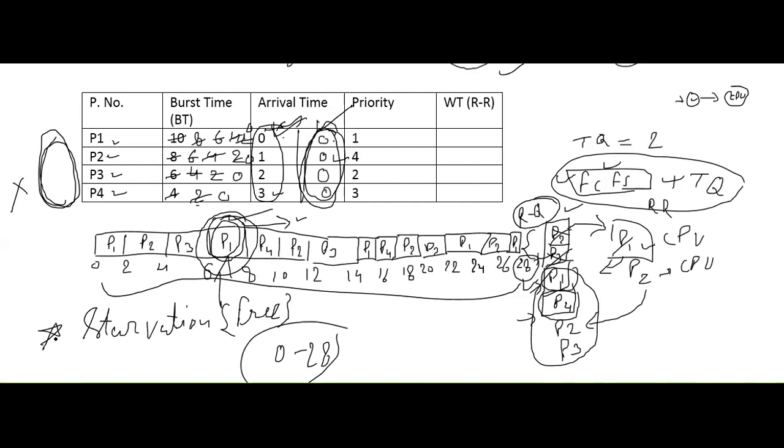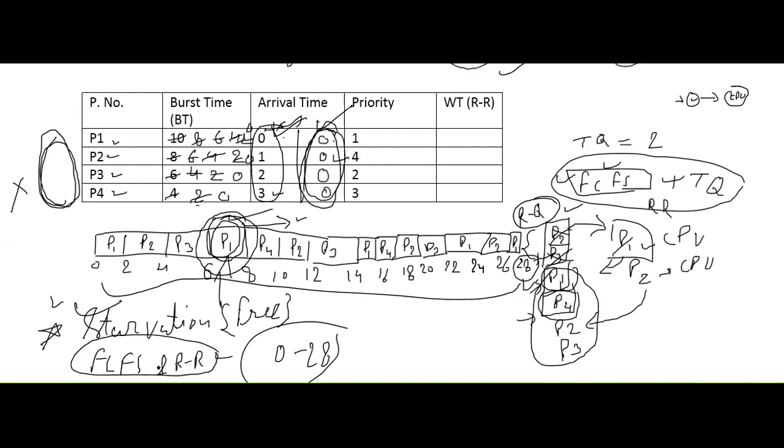All other algorithms which we have done except FCFS and round robin have the starvation problem, whether it is shortest job first, preemptive, non-preemptive, priority, preemptive, and non-preemptive.